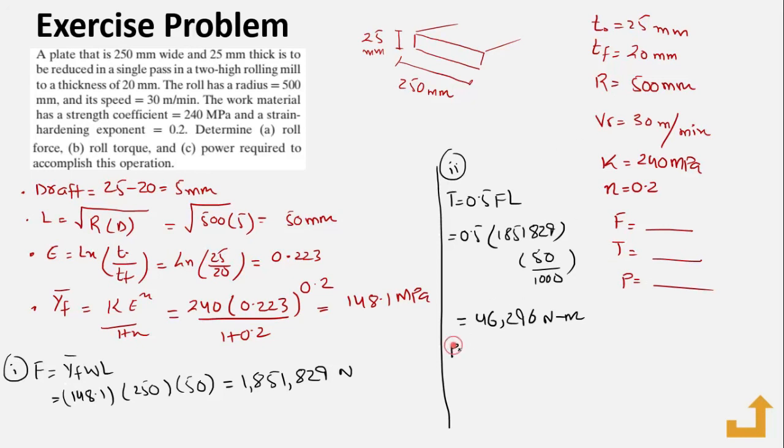So now we want to calculate the number of revolutions per minute for the power. As you know, power equals to 2 pi N F L. We have all the values except the N, so for the sake of N we can get the N value. N equals to 30 meter per minute divided by 2 pi into 0.5.